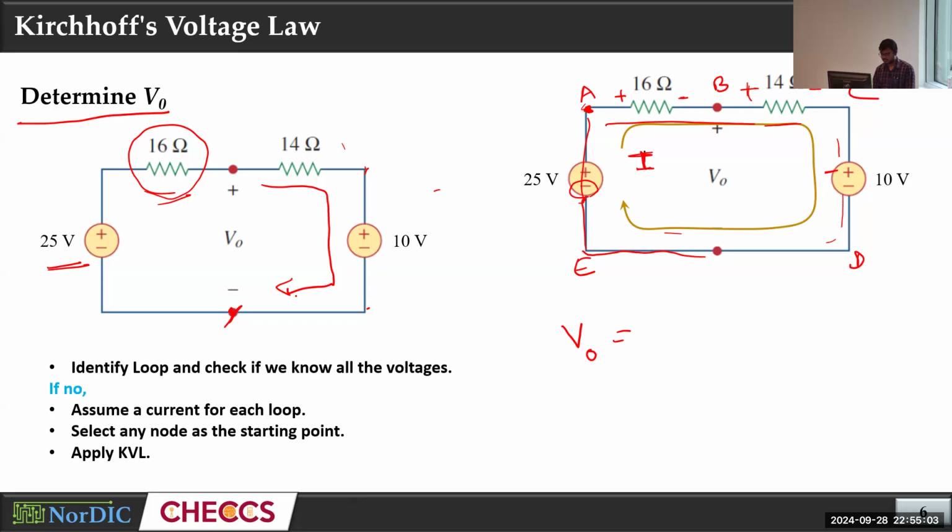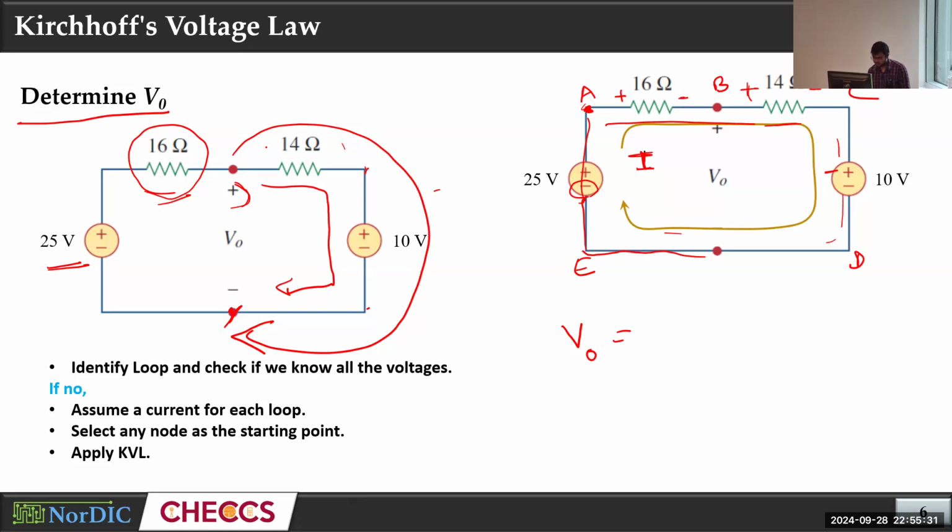Positive to negative, because positive is marked here. If there was no marking, we would have to assume. But since there is a marking, positive at that node and negative at that node, current will always flow from this node to this node. That's the rule of thumb for the direction of current: it always flows from the higher voltage node to the lower voltage node. And you can see that this is the same direction of the current that we assumed.